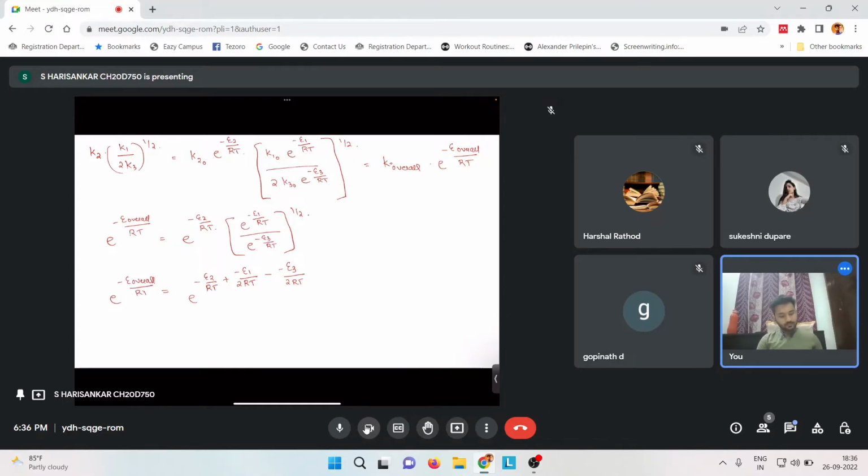Okay. So what we did here is we just equated the exponential terms. First we rewrote these rate constants in terms of their frequency factors K0 and exponential terms e raised to minus E by RT, and we equated the exponential terms with each other. And now all we have to do is simplify this right hand side.